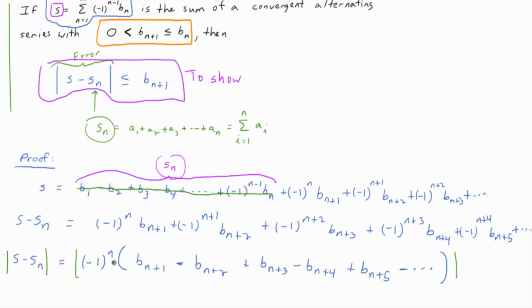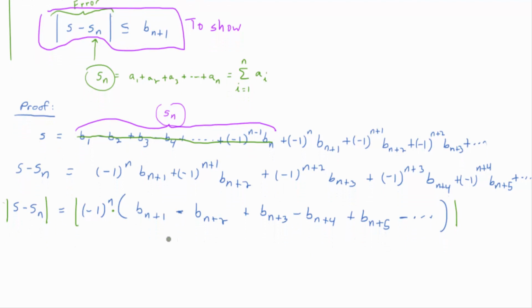But the absolute value of negative 1 to the n, if I pull that out, that's just 1. So that allows me to get rid of that negative 1 to the n. In other words, taking the absolute value of both sides, I could write this separately as the absolute value of negative 1 to the n times the absolute value of this stuff.